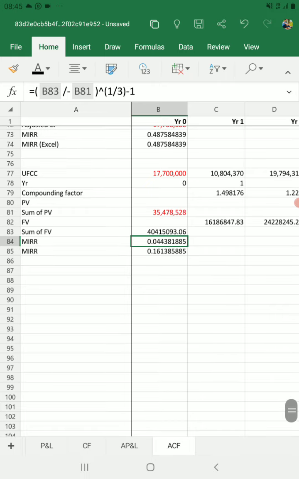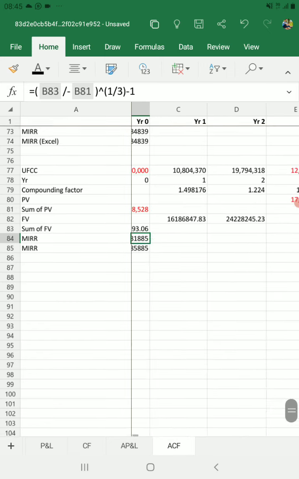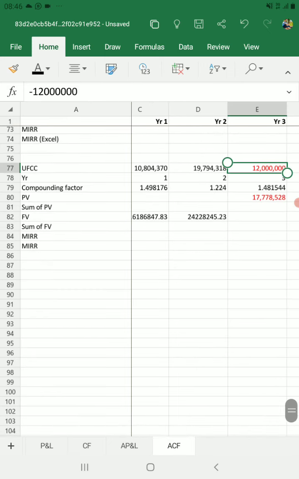The last cash flow here was discounted using, in the compounding factor, we use the cost of debt because that is what is supposed to be, and then raised to 3 to get our compounding. Now instead of discounting, we compounded it. There is where there is a problem.